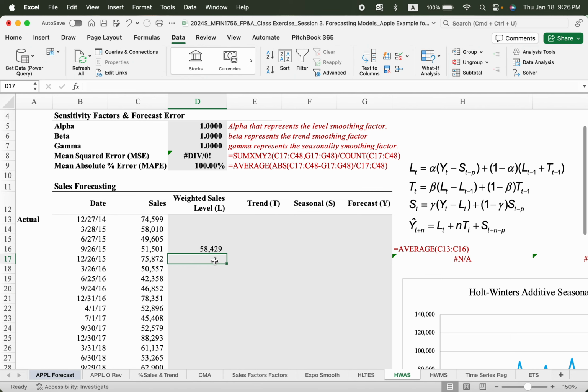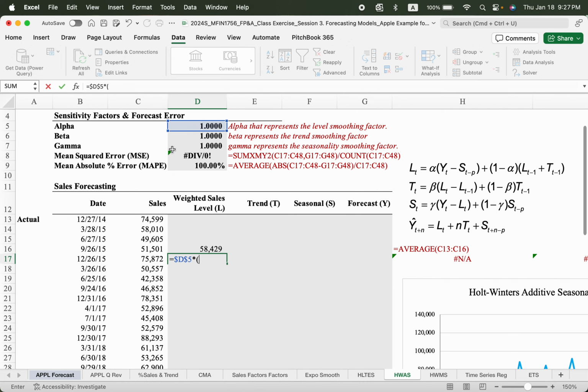And then the next is now we can use this formula, right? Now alpha times D5. We want to definitely fix this D5, function F4, and then times, now next is the Y_t, right?